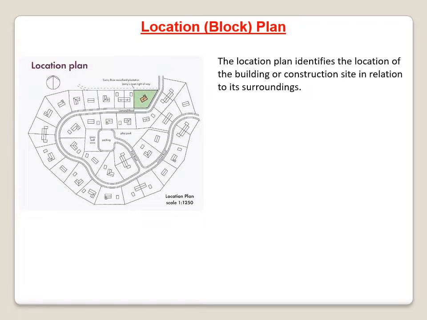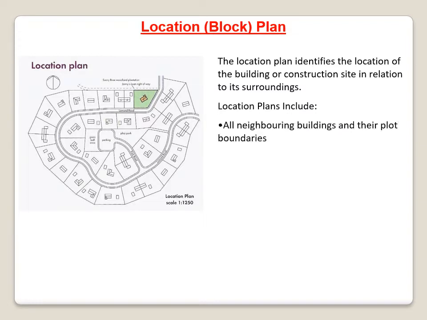So, the location plan identifies the location of a building or construction site in relation to its surroundings. Location plans include the following main pieces of information, not always on every single one, but they're on most location plans. You would expect to see all neighbouring buildings and their plots and boundaries.